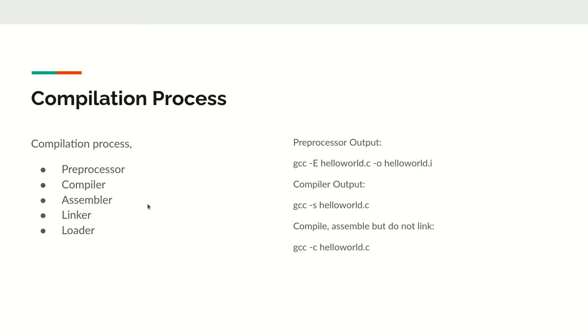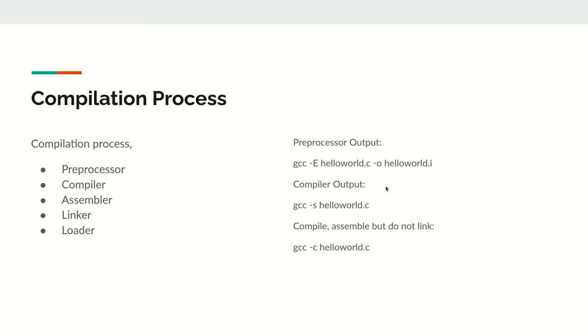Then there is the assembler. The output from the compiler goes to the assembler. In this process it will generate the object file, meaning it generates the machine level code from the assembly language code generated by the compiler. Next is the linker.